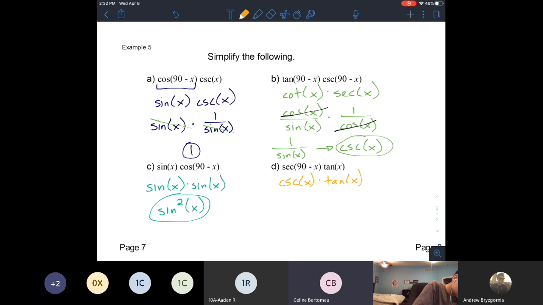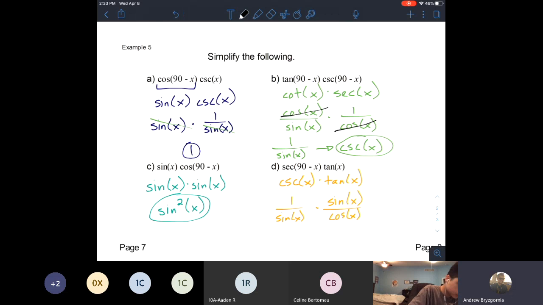Tangent is 1 over, wait, 1 over cotangent? Yeah, it's 1 over cotangent, and then let's use the other fraction though. So what's the other way that you can write tangent? Sine over cosine? There we go, yeah. So let's use sine over cosine for tangent. And then what is cosecant equal to? 1 over sine. Yeah, 1 over sine, good.